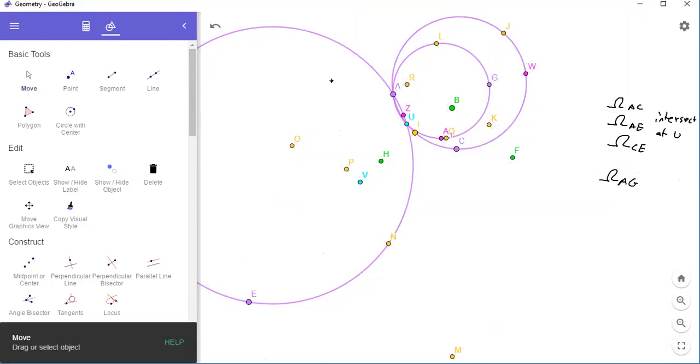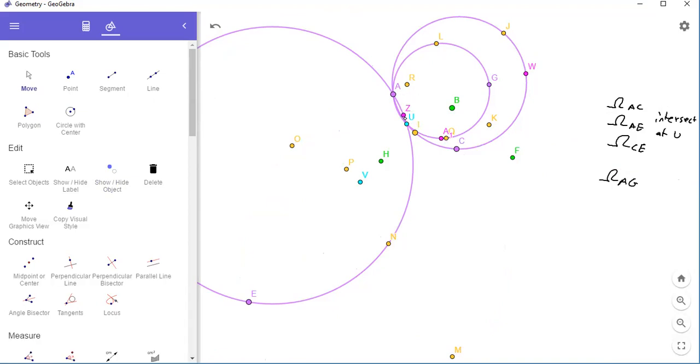Okay, so now all these circles pass through a common point. I want to show that they will pass through yet another common point, which should now be U. On those 3 circles, we have 2 centers lying on each of them.